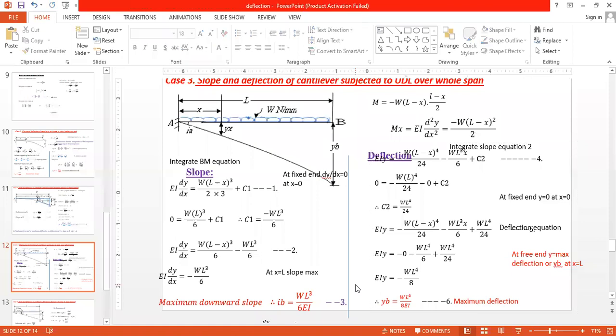Now after deriving, this equation is also very important, same as the last case. Now we will go to the next case. In between, if you have doubt, you can ask me.